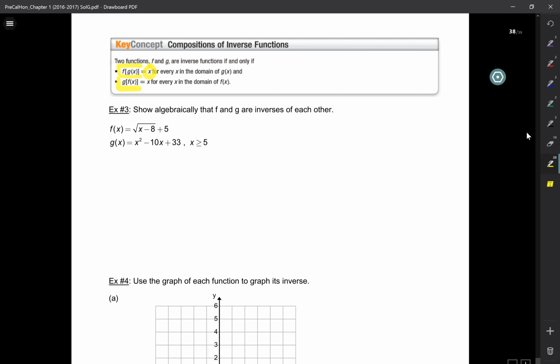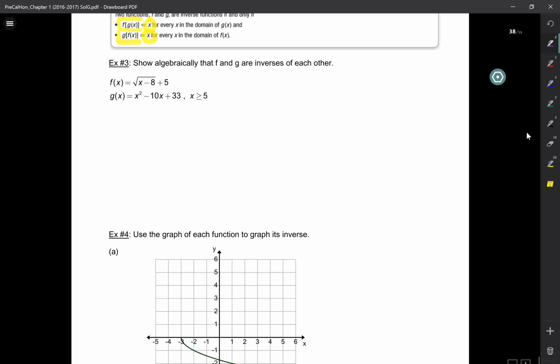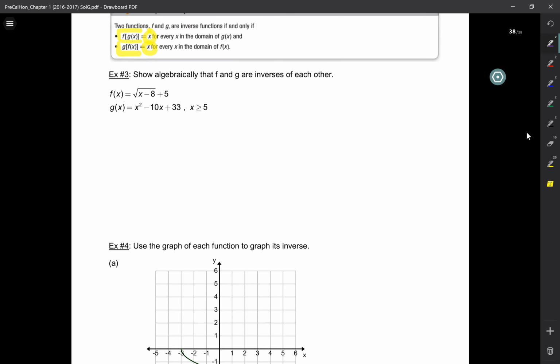And if you evaluate g of f of x, you should get an answer of x. So you do f of g of x, you do g of f of x. In both cases, you need to get x, not any other value, just x. So in that case, you can say that f and g are inverses.